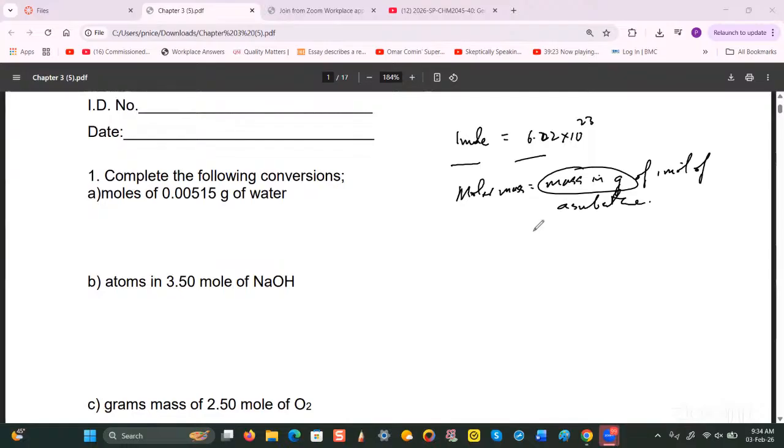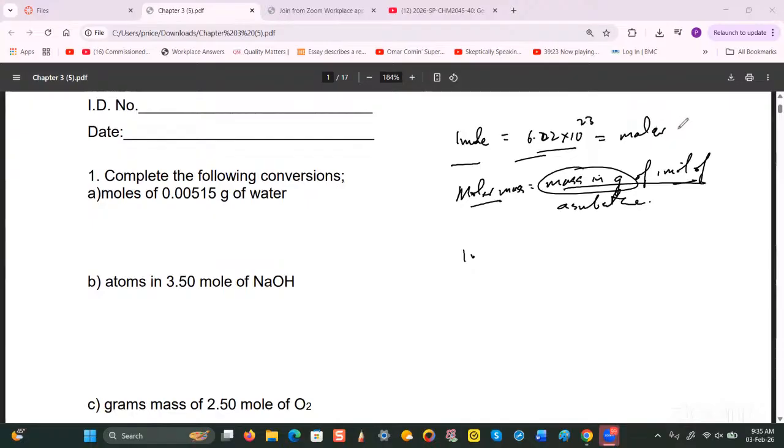Now, it turns out that, because of this definition, there's a relationship between the mass, the mole, and Avogadro's number. So we can simply summarize it as 1 mole of anything is equal to 6.02 times 10 to the 23 of that thing, which would be equal to the molar mass in grams.